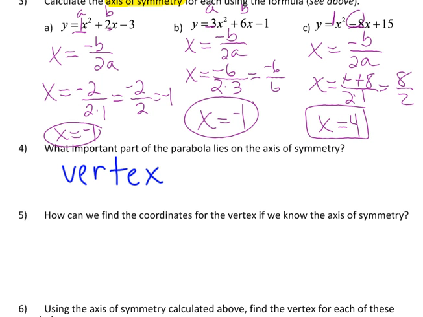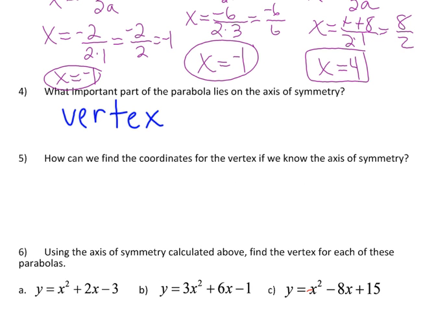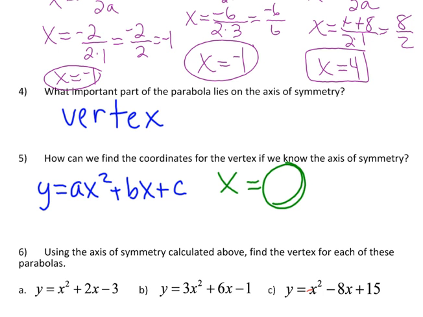Well, the one thing we know about y is we know y is equal to ax squared plus bx plus c. And for us, we have several equations where a, b, and c have been filled in. But if we know the axis of symmetry, that means we know x is equal to some number.